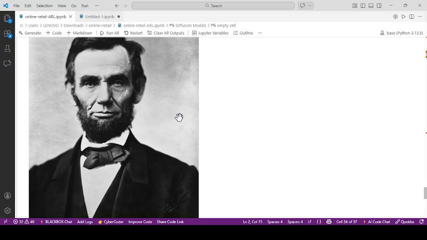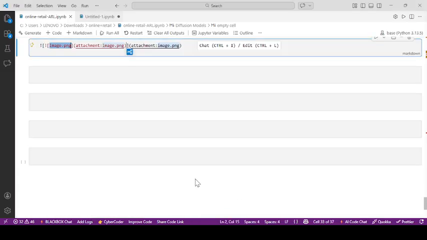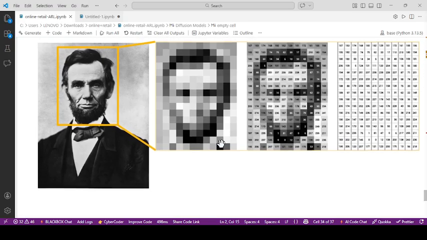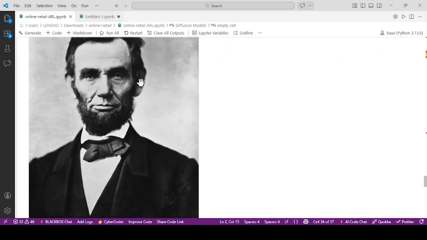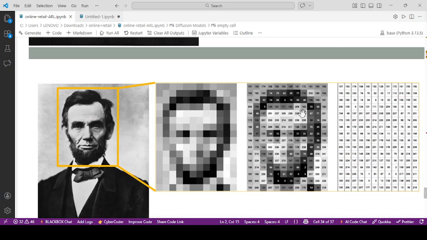Now, if a computer sees the same image with its eyes, it is going to see it like this. If this is the image seen by our eyes, this is the way the computer sees it.